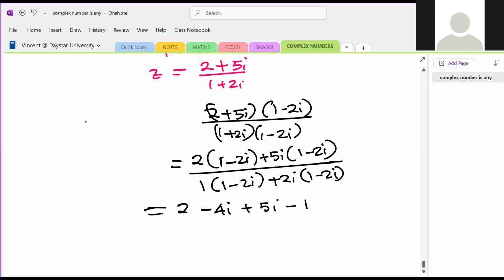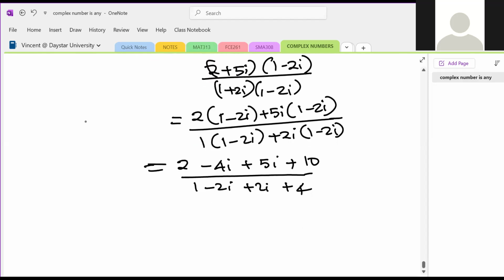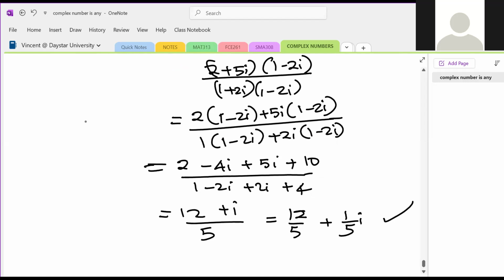So 2 times 5 is 10. And then divided by 1 minus 2i plus 2i plus 4. So 2 plus 10 is 12. And then plus i divided by 5. So this will give us 12 over 5 plus 1 over 5 i as our answer.